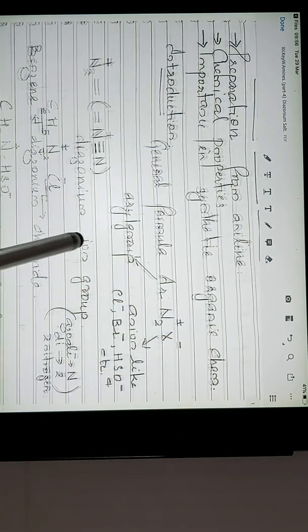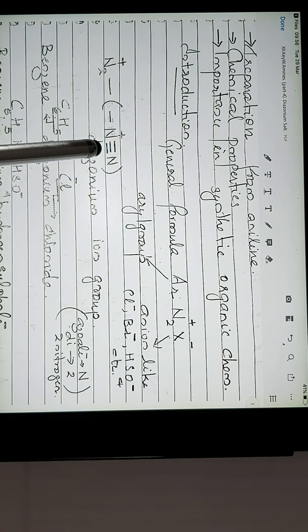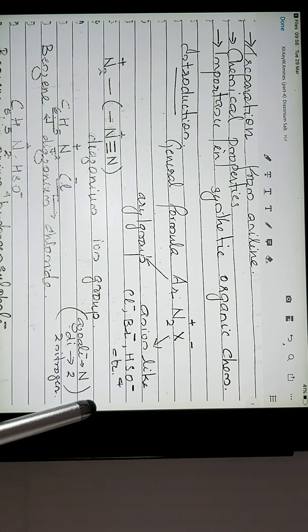Now, here, as we said, two nitrogen atoms are bonded together with a triple bond, and this is what we name as diazonium ion, right? Now, azote is the name given for nitrogen in a foreign language, and two nitrogen when it is coming there, that's why we name it as diazonium.